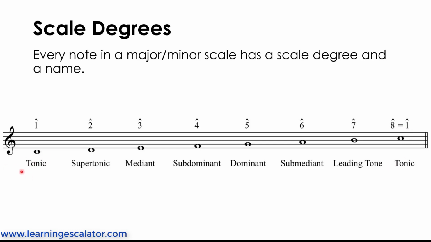So usually the main ones that we use a lot are tonic, subdominant, and dominant, but of course we also use other ones. So the tonic is the first one, subdominant is the 4th one, and dominant is the 5th one.